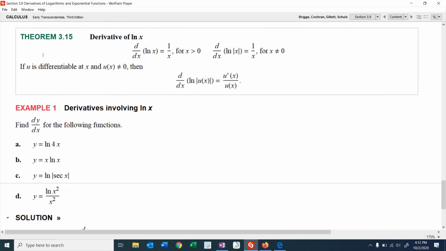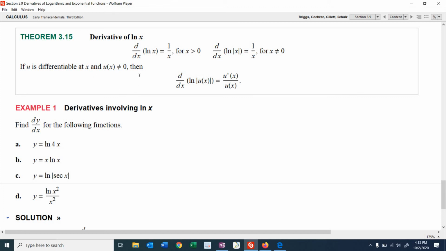Okay, and so in the book, this is theorem 315. The derivative of the natural log of x is 1 over x, as long as x is positive. Now, the reason x has to be positive here is because natural log of x is only defined for positive x values. Then the derivative of the natural log of the absolute value of x is 1 over x for all x values except when x happens to be 0. Okay, so x cannot be 0 in this case.